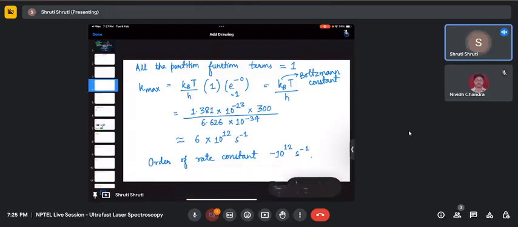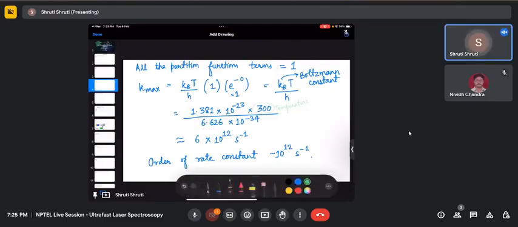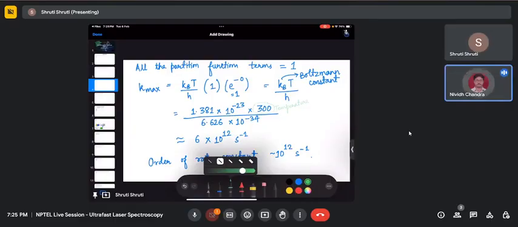Now let's first see the quantum yield for the sample. The fluorescence quantum yield of the sample will be given by the number of photons emitted from the sample divided by the number of photons absorbed. So it's kind of the efficiency.